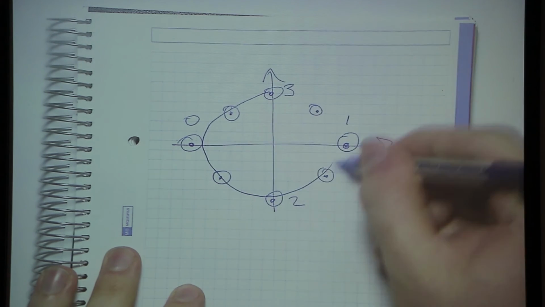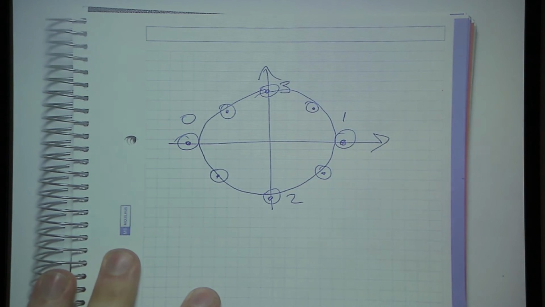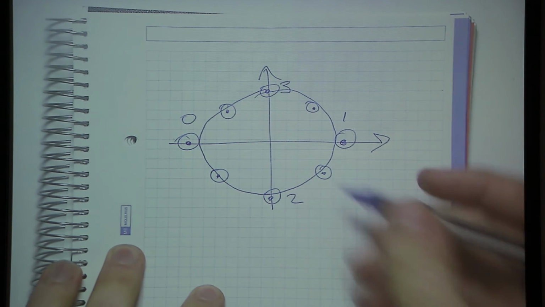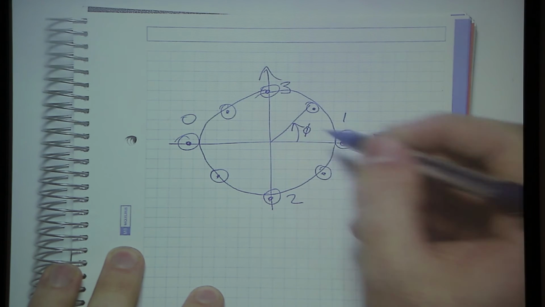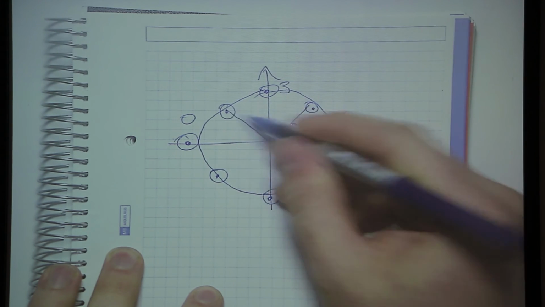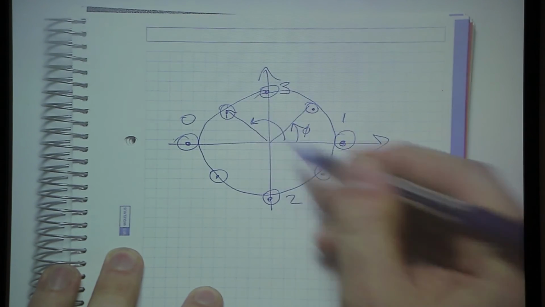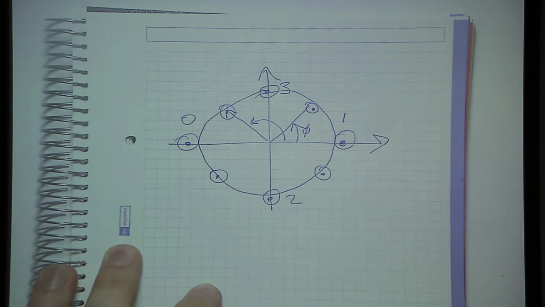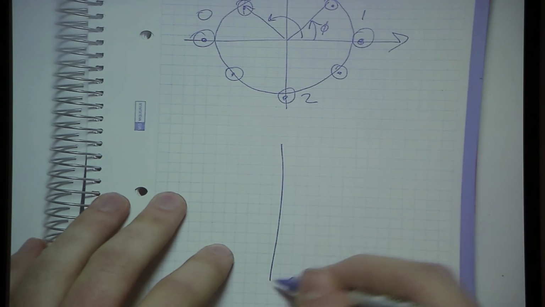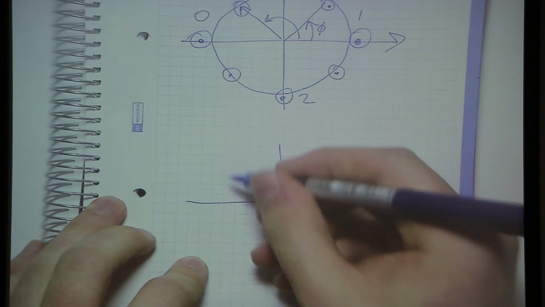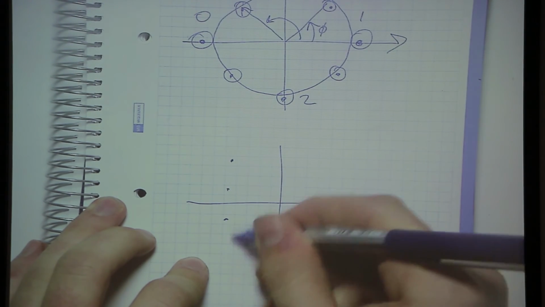Or you can stop using a circle, and instead of just changing the phase, remember the phase is this angle, so this signal has twice the phase. But because these points lie in a circle, they all have the same amplitude, you can instead have a bunch of different amplitudes, so you can make like a nice square or something.